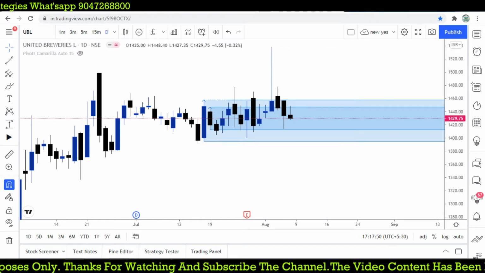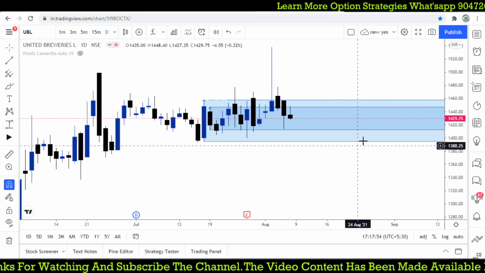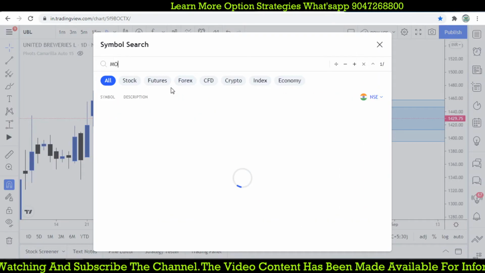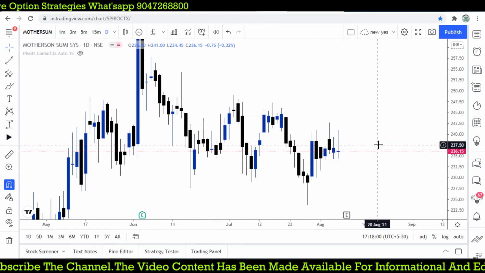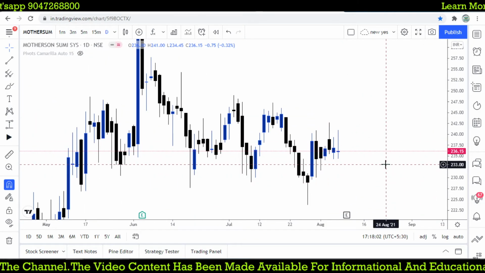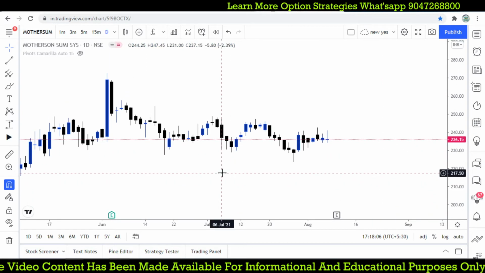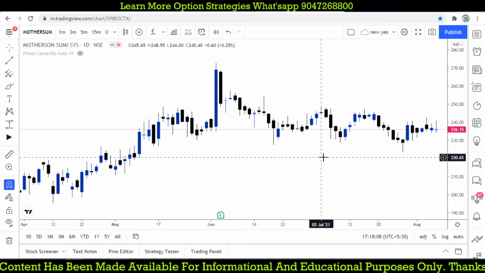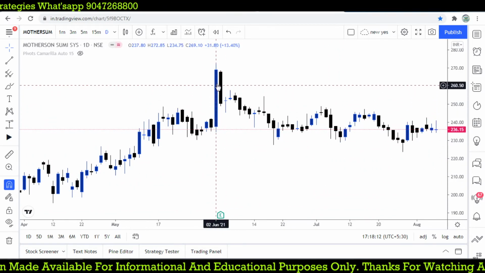And previously we saw Motherson Sumi when it was happening in the June month. Let me show you that. This is June 3rd, we found some Harami pattern.